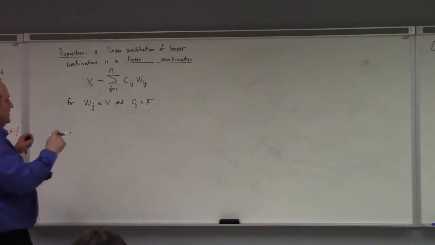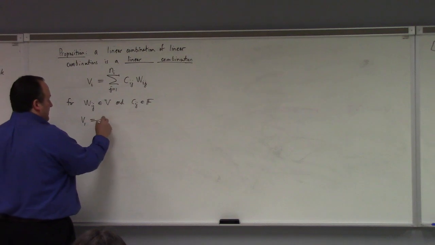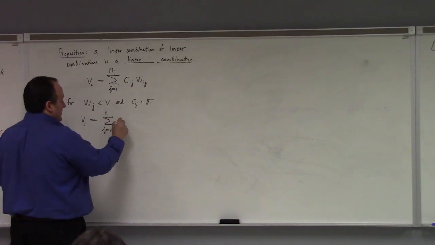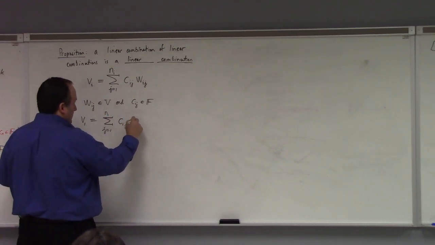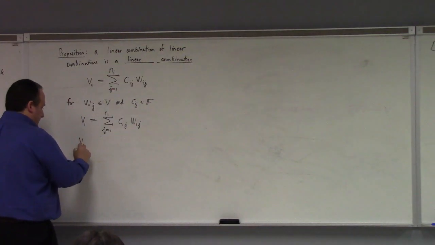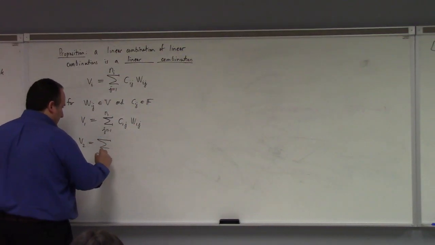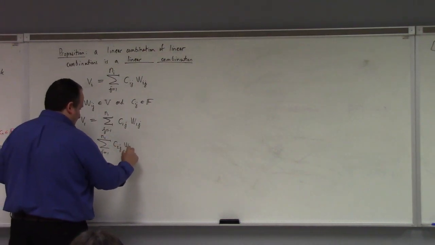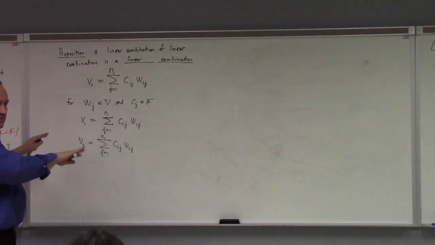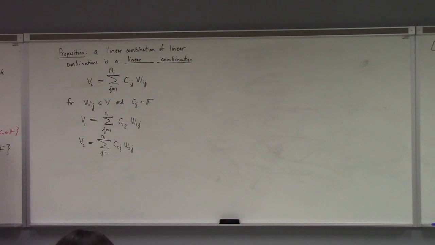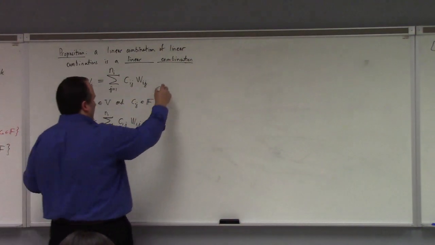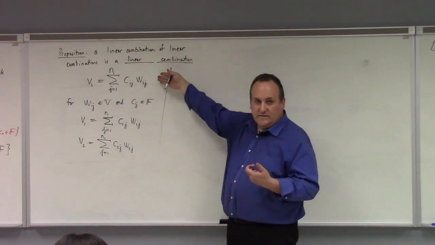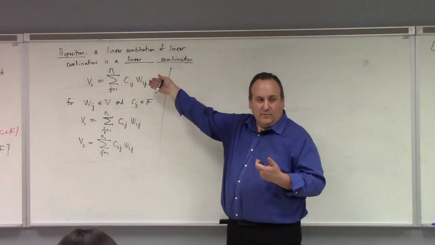See, because V1 is being built from the sum over j equals 1 to n1 of c1j, W1j, whereas V2 I'm building from j equals 1 to n2, c2j, W2j. So I'm using them to separate my lists. All right, so there's probably a better notation that could be picked, but this is the notation that I picked today. Each one of these is a linear combination.